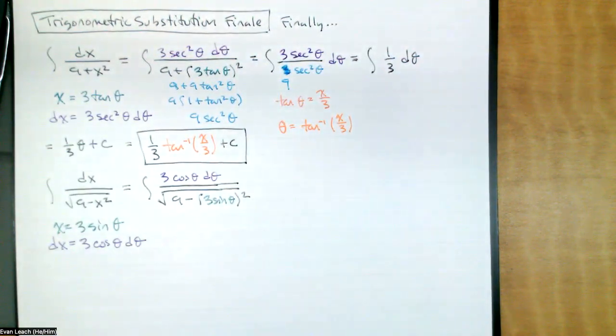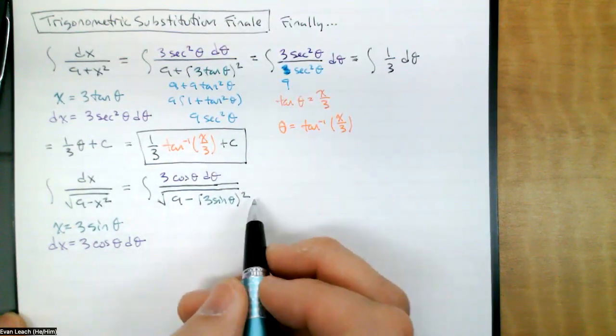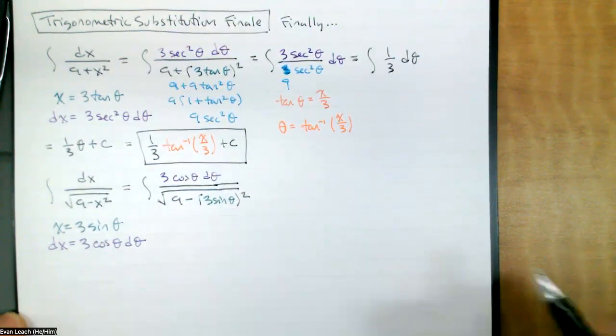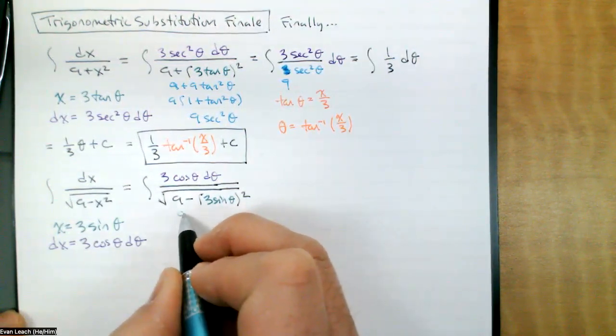Then the trigonometric substitution thing happens. Now we're going to do the thing. 2 terms become 1 term. The 9 minus the square of the product of 3 and the sine of theta is going to become 9 cosine squared theta.